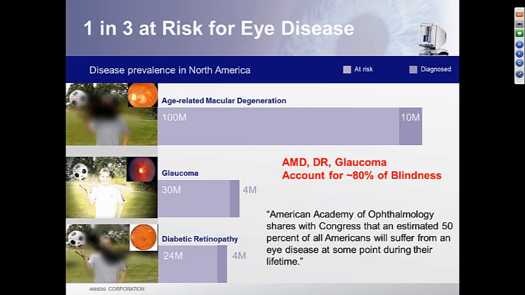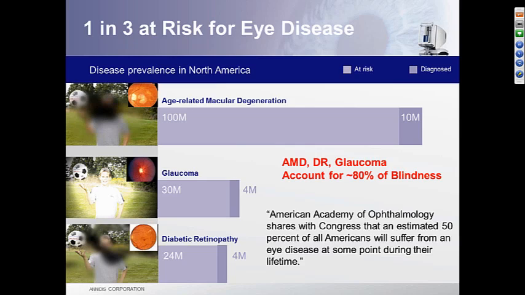So why is early detection important? I don't think I need to provide a lecture to make this point, but I'll say it out loud anyway. At least 1 in 3 in North America are really at risk for eye disease, with age-related macular degeneration, glaucoma, and diabetic retinopathy being in the top 3.